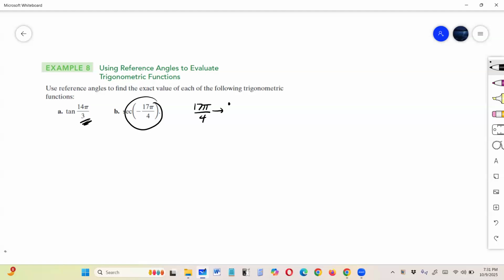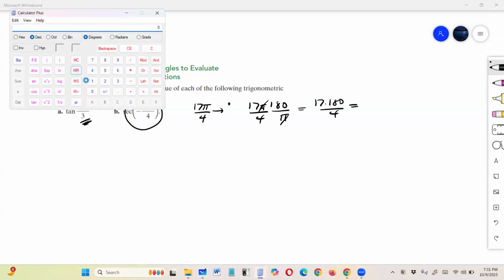Now, I know that I have to multiply by 180 over pi. So the pi's will cancel, and I have 17 times 180 over 4. And let's use the calculator for that, because you're allowed to calculate. So 180 times 17 divided by 4: 765 degrees.